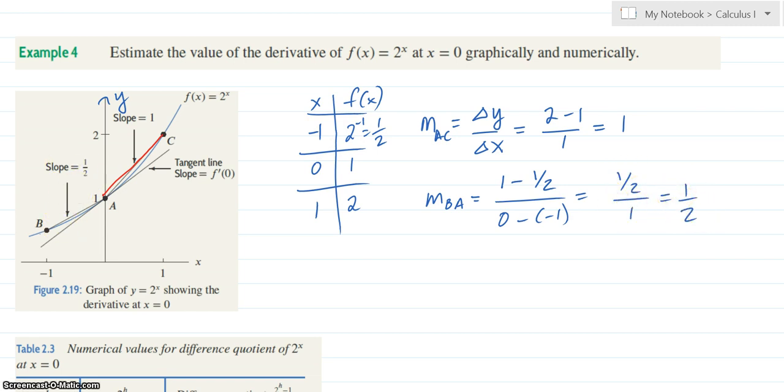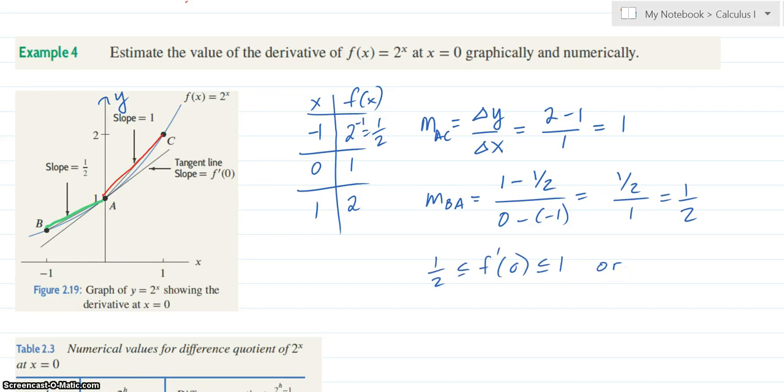That is the line between B and A in green right there. So we know that the slope of the tangent line, that instantaneous velocity, has to be somewhere between. It's a little steeper than the green, but not quite as steep as the red. So maybe a good estimate would be the average, 0.75, but we know it's between there.